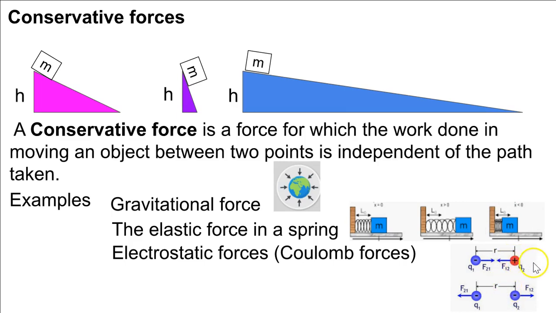If I start here and end there, the amount of work done by the electrostatic force will be constant regardless of what path I take. And that is the definition of a conservative force.